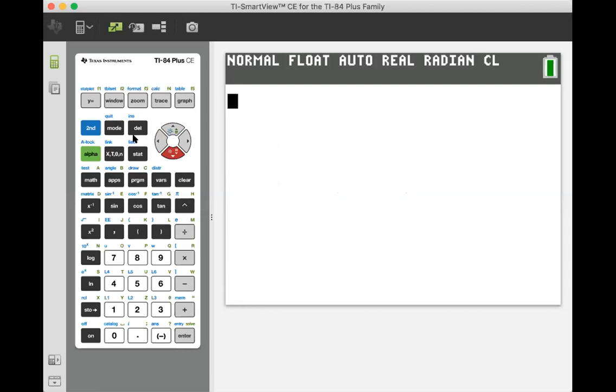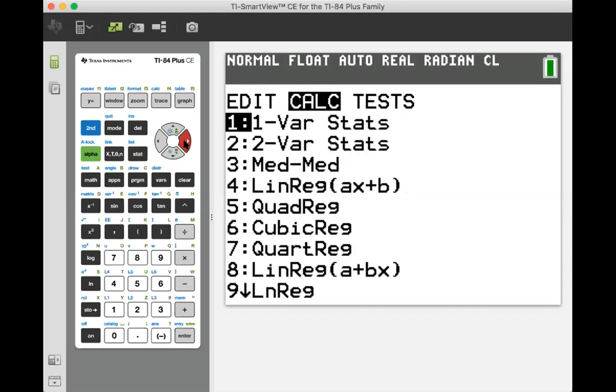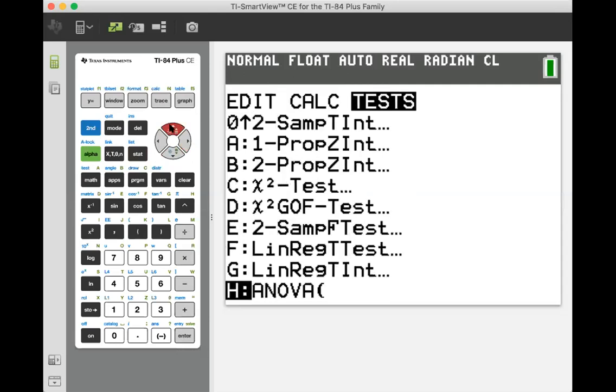All right, so let's go back and run the test one more time.